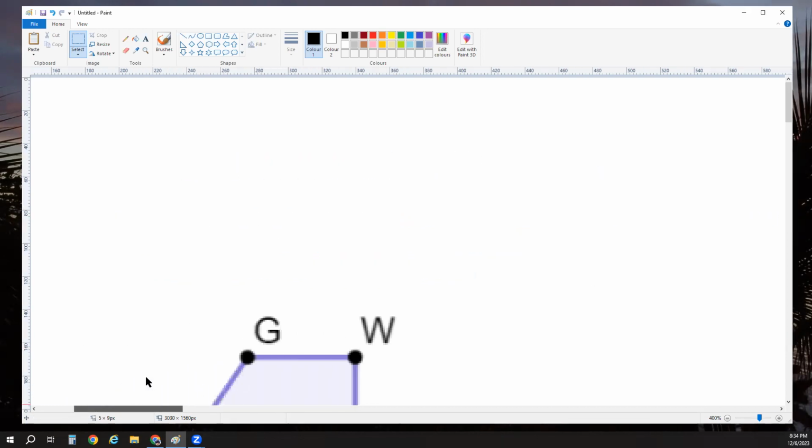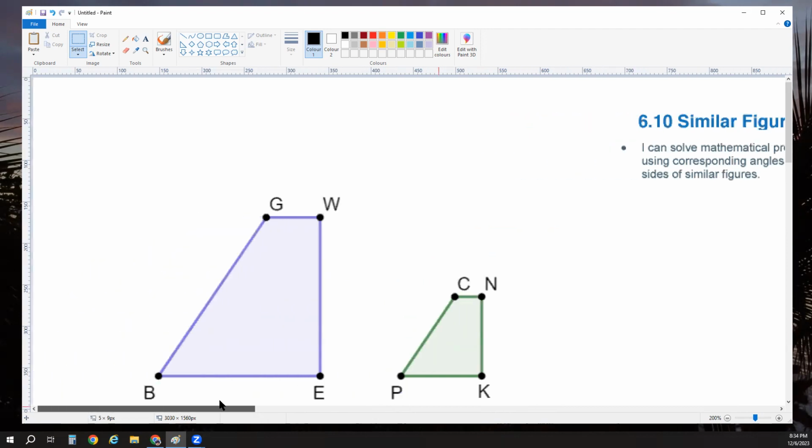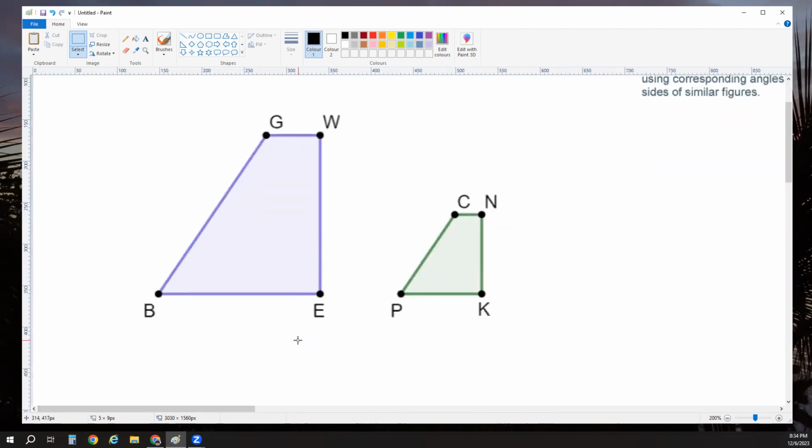Okay, so we're going to start with just a basic refresher on proportionalities. We have this polygon, not necessarily a triangle, but a quadrilateral purple and a quadrilateral green here.